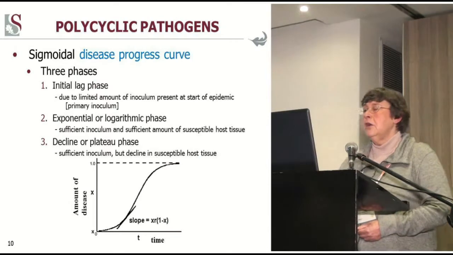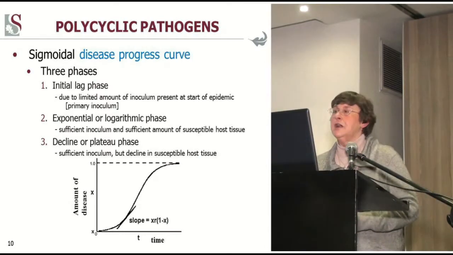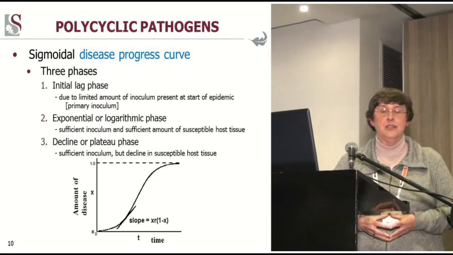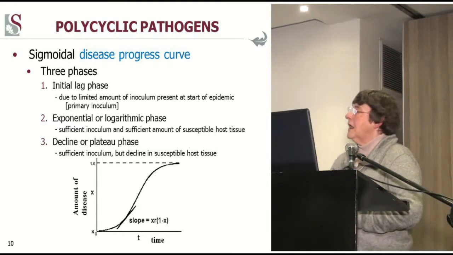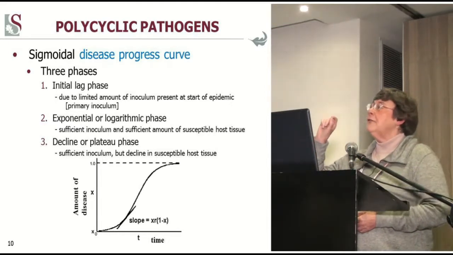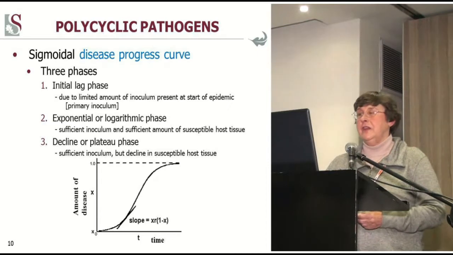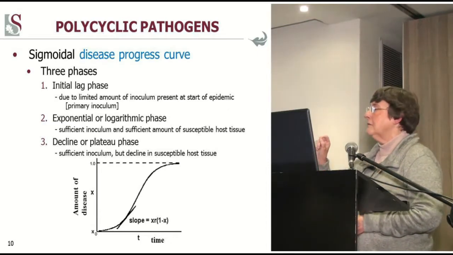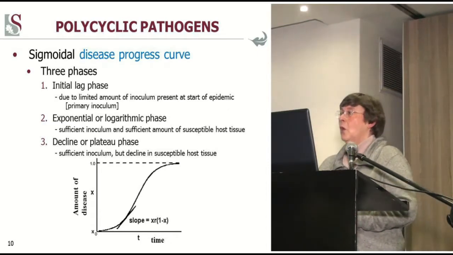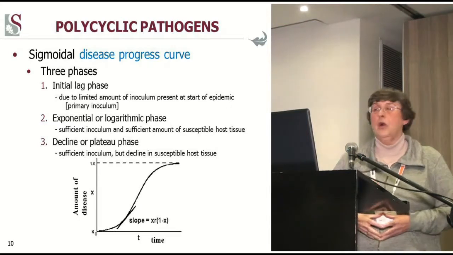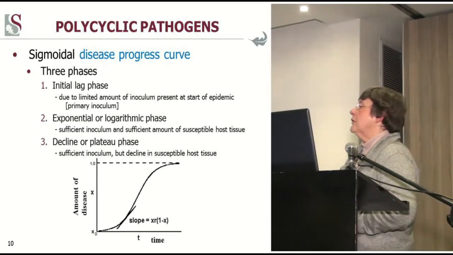Now, if we look at the epidemiology of a polycyclic pathogen and measure the amount of disease over time, we get to draw what is called a disease progress curve.